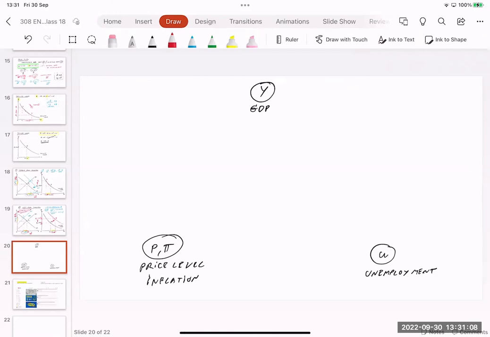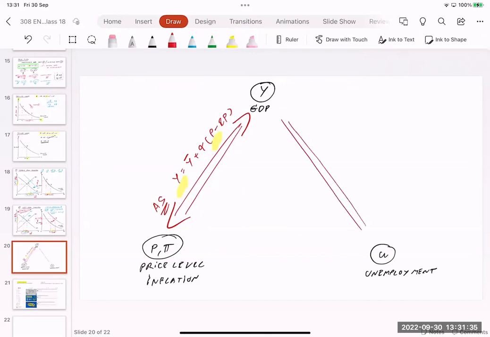After what we learned in this chapter, we have an equation that tells the relationship between GDP Y and the price P, which is the aggregate supply equation: Y equals Y bar plus alpha times P minus EP. This aggregate supply equation shows the relationship between Y and P.